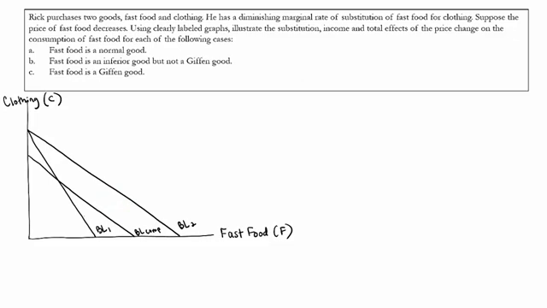The second step is to construct a chart. This chart will show the substitution, income, and total effects on both fast food and clothing. In this example, the price of fast food goes down. This causes the relative price of fast food in terms of clothing to fall, inducing what we call a substitution effect.